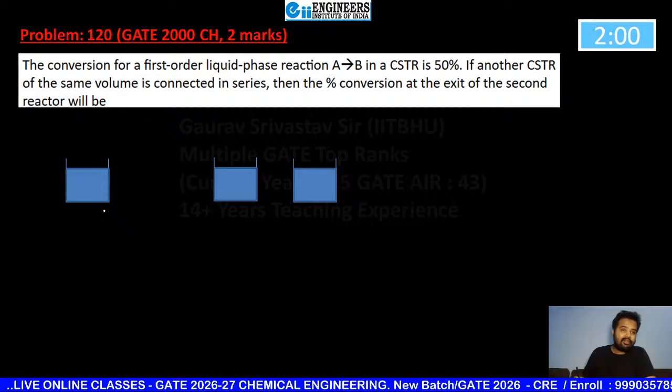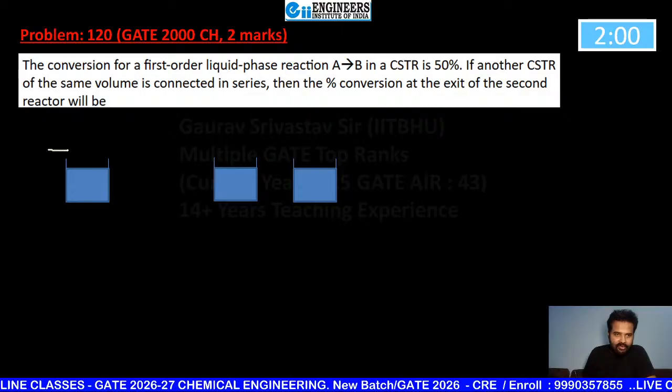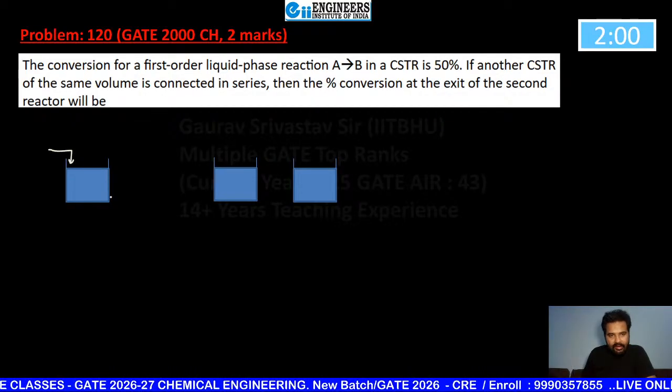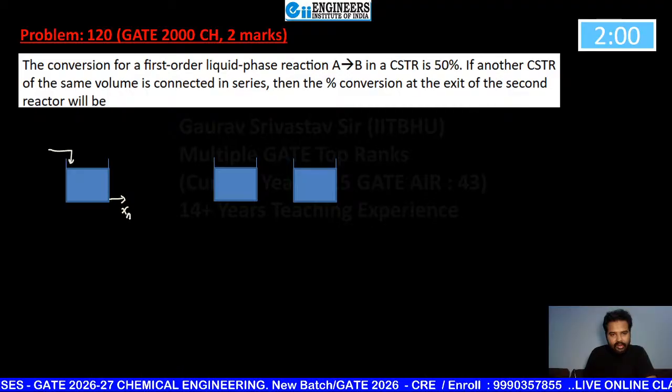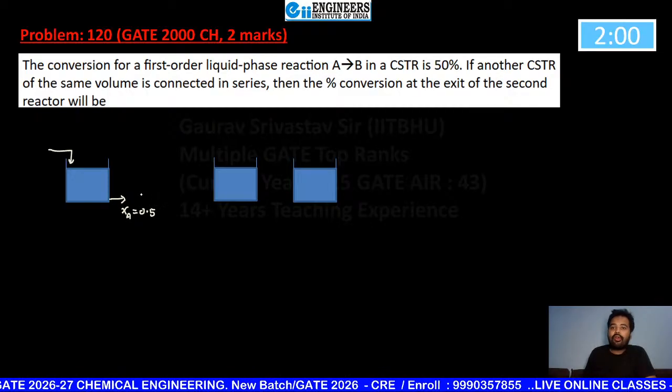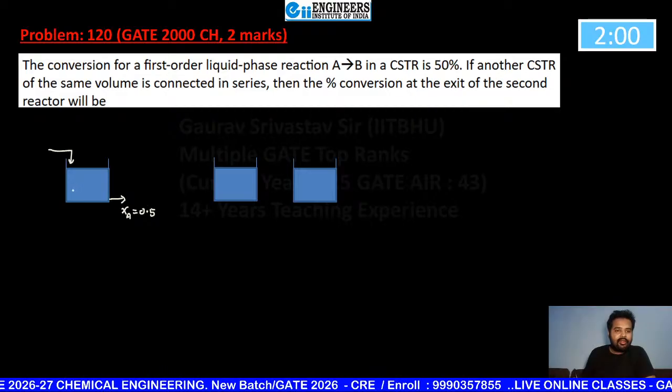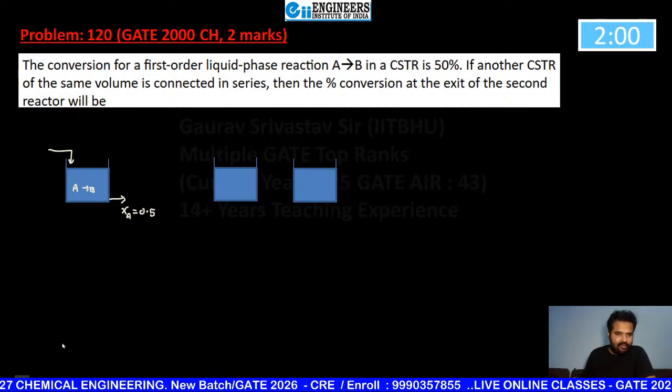Very good, Anushka Viswas. The conversion for a first order liquid phase reaction in a CSTR is 50%. That means this is a CSTR, and here we are getting conversion 50%, that means 0.5. And in the liquid phase reaction, A is forming B. Very good, Mehna, absolutely correct.